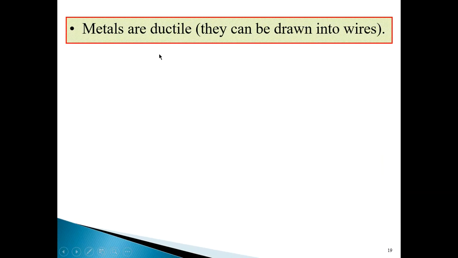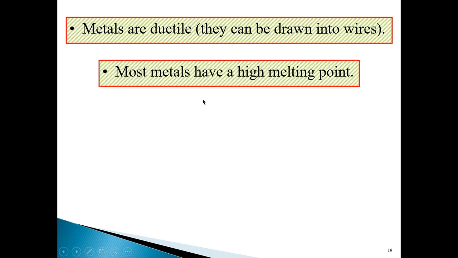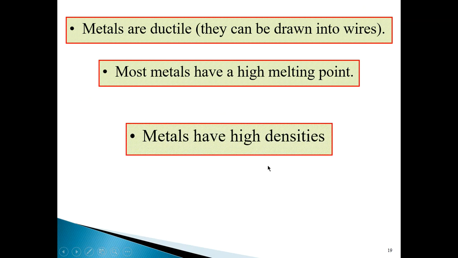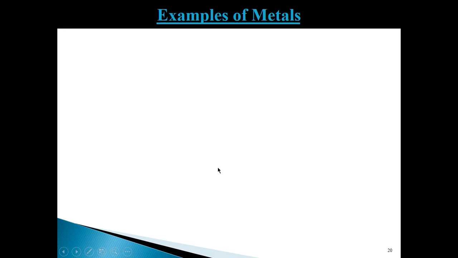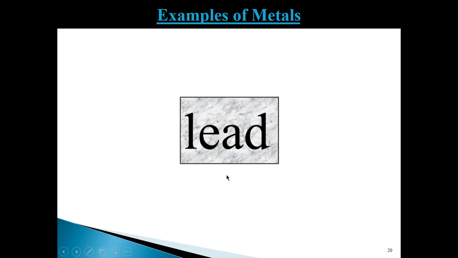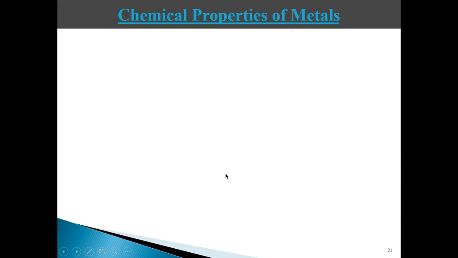Metals are also ductile, which means that they can be drawn into wires. And most metals have a high melting point, all right? And finally, here we have metals also having high densities. So those are the properties displayed by metals. And some examples of metals include gold, iron, lead, and those are the examples that we have.